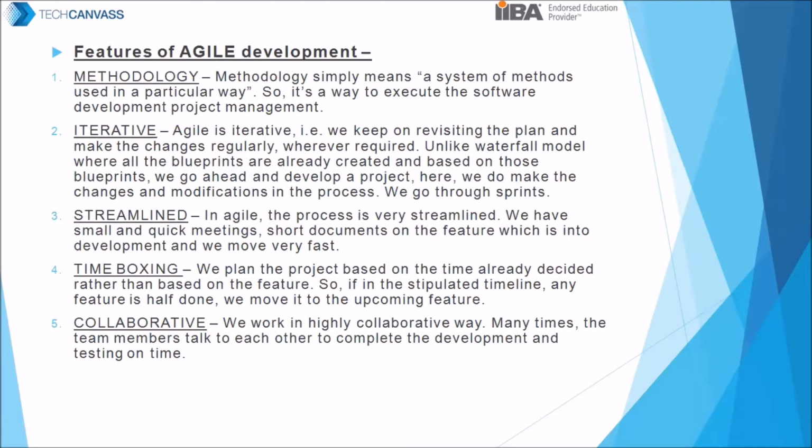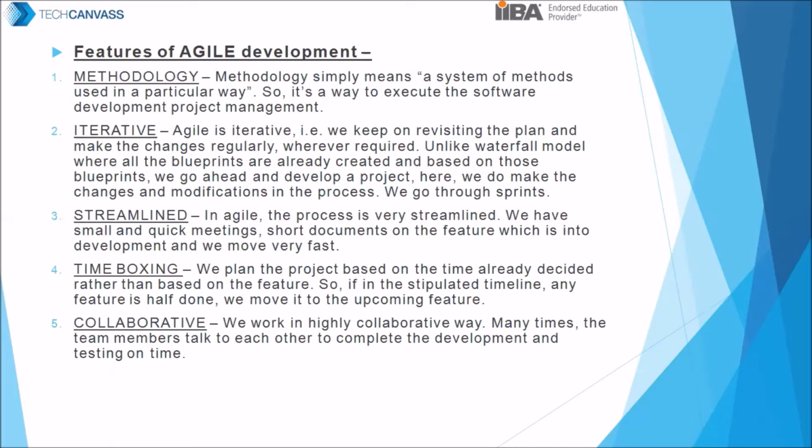The fourth point is time boxing. Instead of making the timelines based on the feature, we select the features based on the timelines. We plan the project based on the time already decided.